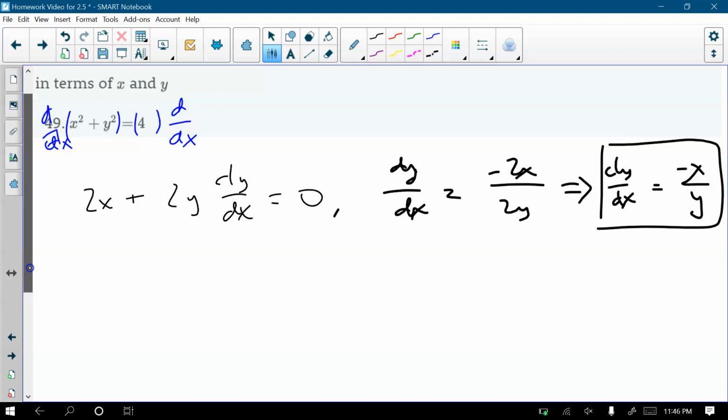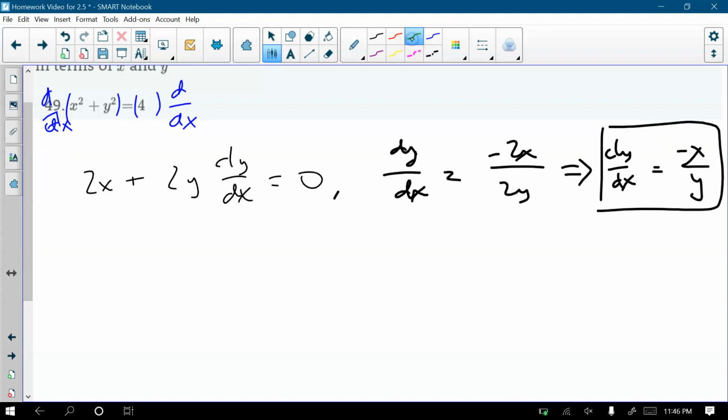So now let's take the second derivative with respect to x. So I'm going to do d dx of dy dx, and I'm going to take d dx of negative x over y.